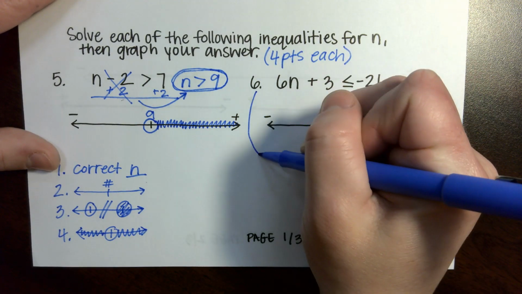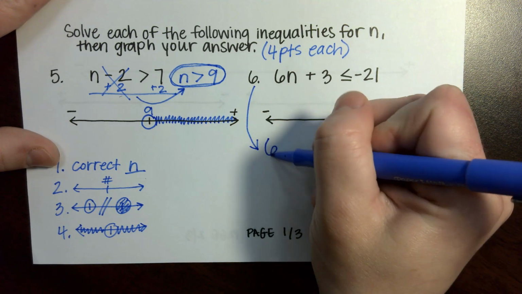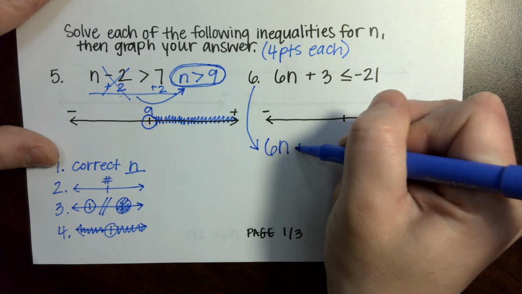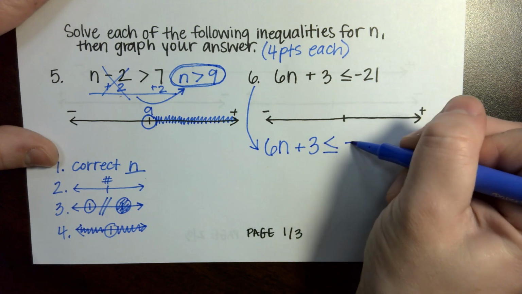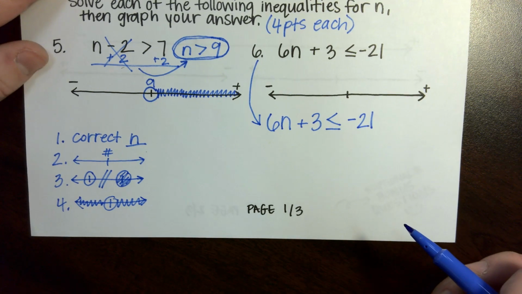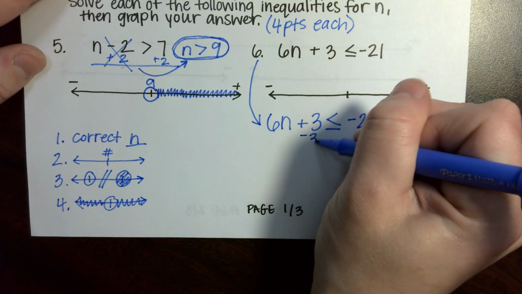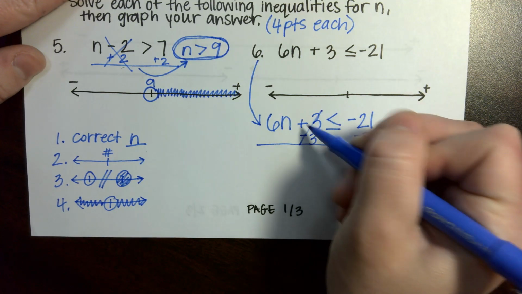Okay, let's look at number 6. I'm going to rewrite it. We don't have enough room here. So 6 times n plus 3 is less than or equal to negative 21. So what should I do first? Good, minus 3 on both sides. Okay, those cancel.